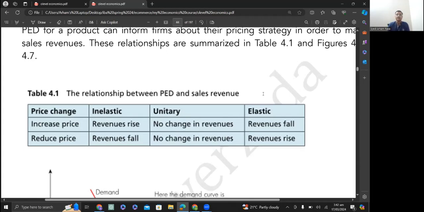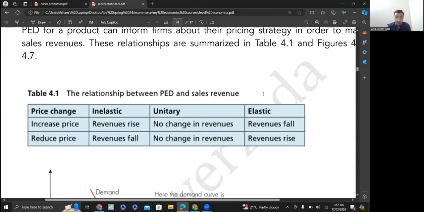For example, in an inelastic good, when you increase the price of the product which has an inelastic demand, customers will still buy your product, and the percentage change in price will be greater than the percentage change in quantity demanded.